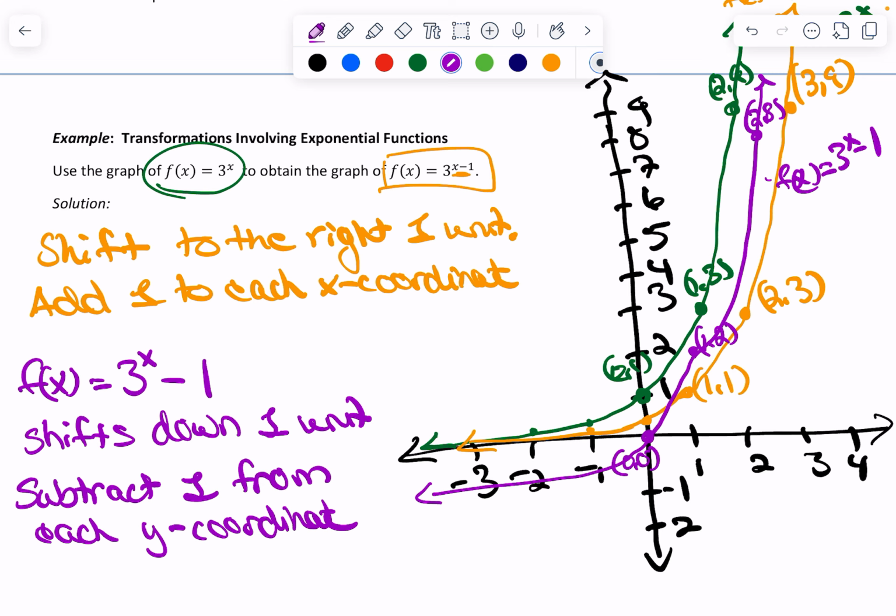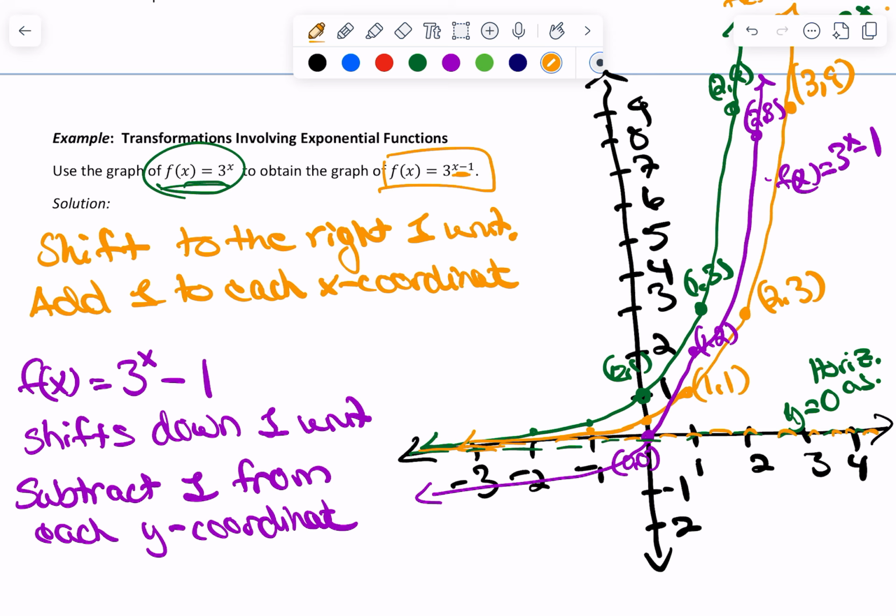If we look at the first two, so f of x equals 3 to the power of x, we know that y equals 0 is our horizontal asymptote. The same thing for y equals 3 to the power of x minus 1: it has a horizontal asymptote.